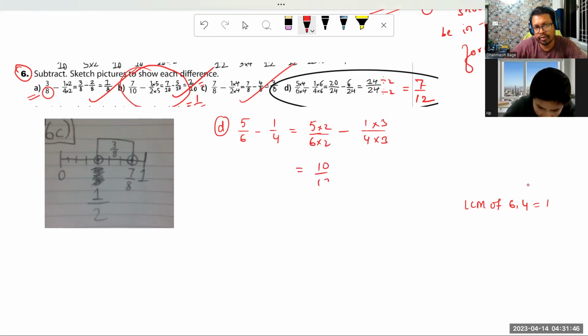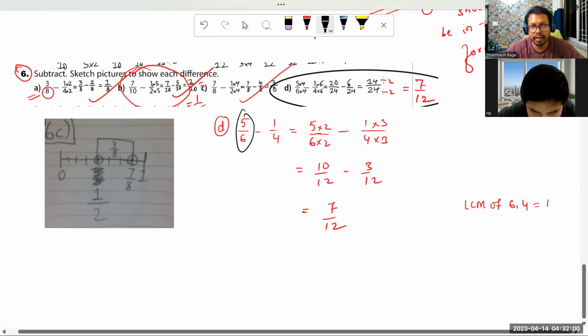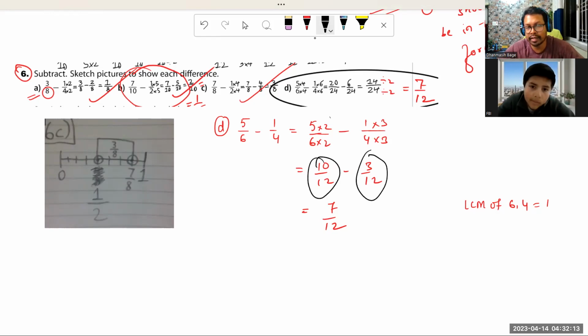That is 10/12 minus 3/12. That makes it 7/12. Direct answer. Right? Now plot it. Mind it, you always have to plot the row numbers that you're actually subtracting, not the changed forms. But the changed forms will help you to locate that number.